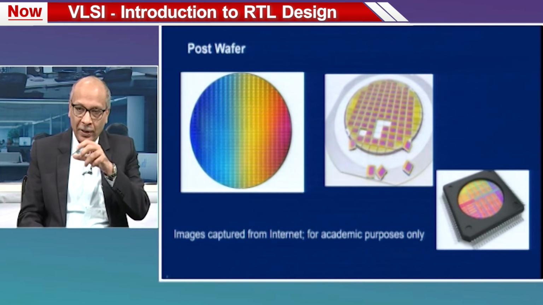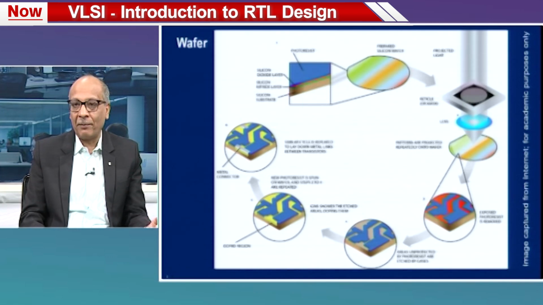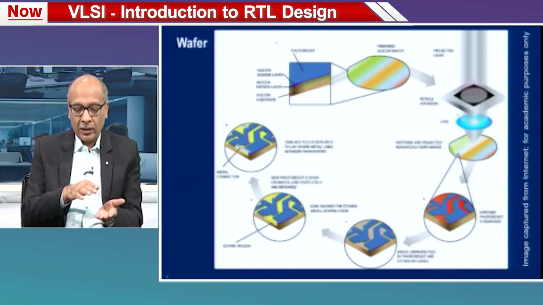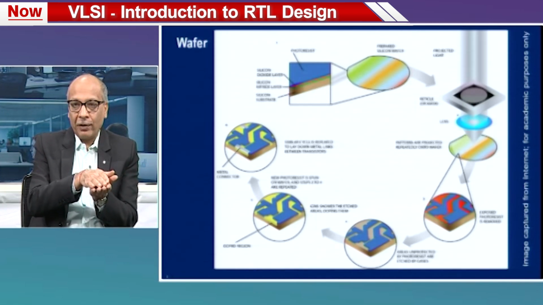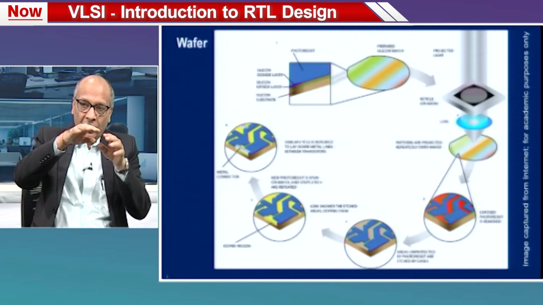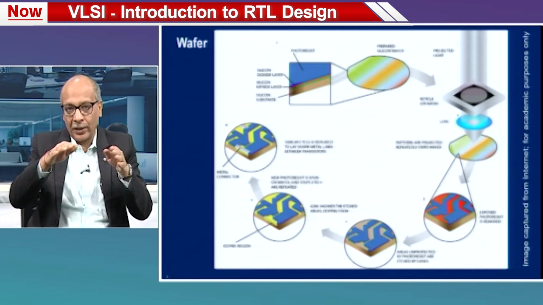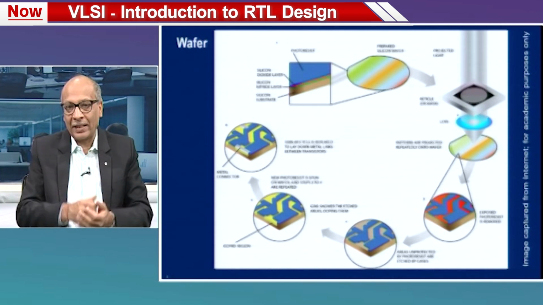Before the semiconductor wafer is available, this is the actual fabrication process. There is a blank wafer which has multiple layers of chemicals, and we put on a photoresist material, which means a material through which light related actions cannot pass.